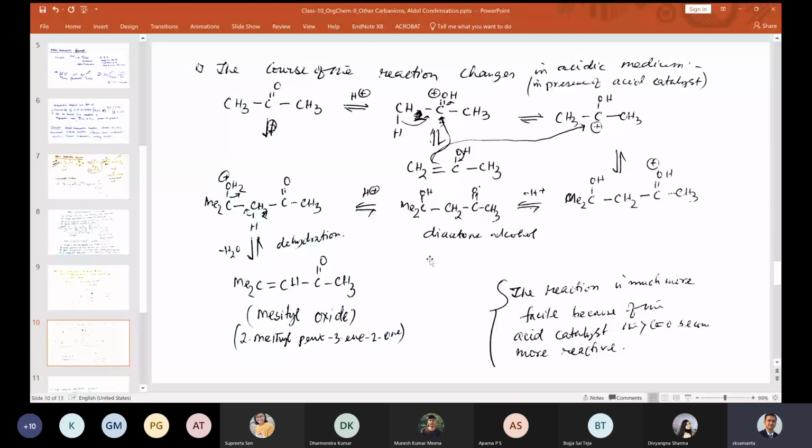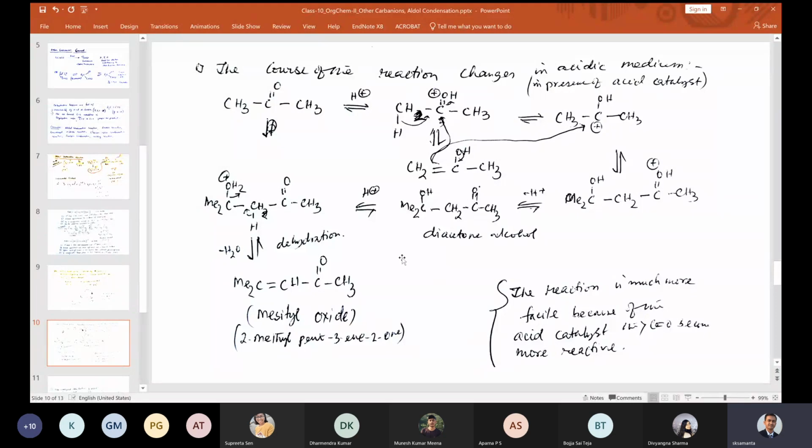Now, we discussed previously that in some cases you would end up having a dehydrated product. There are two cases: one is base promoted reaction, one is acid catalyzed reaction. It has been observed that in acid catalyzed conditions, the dehydration is easier than the base catalyzed one.